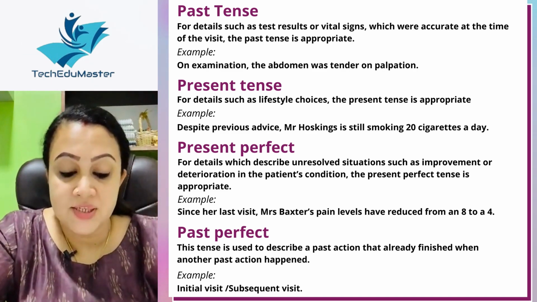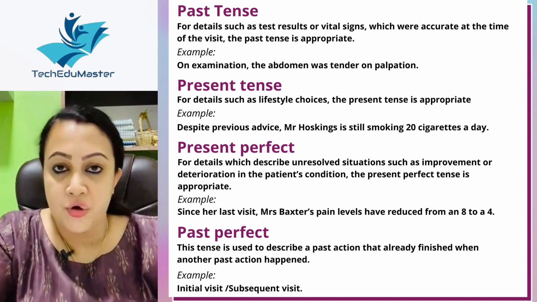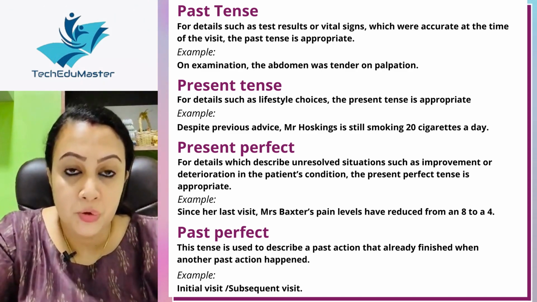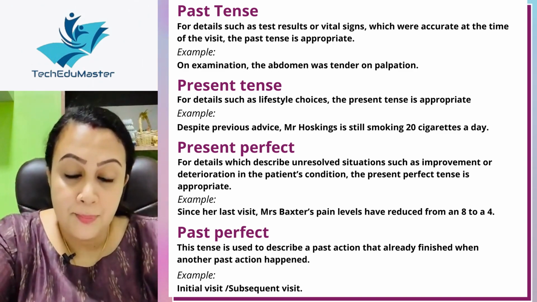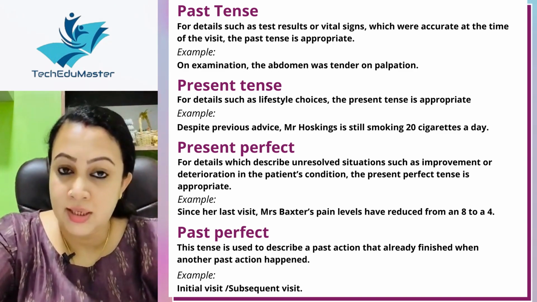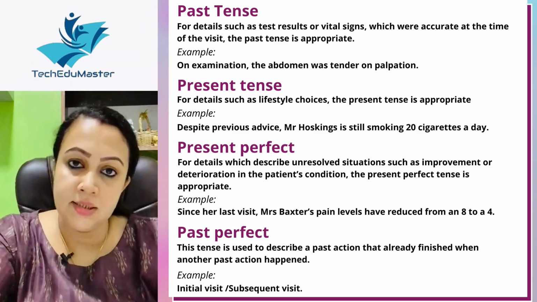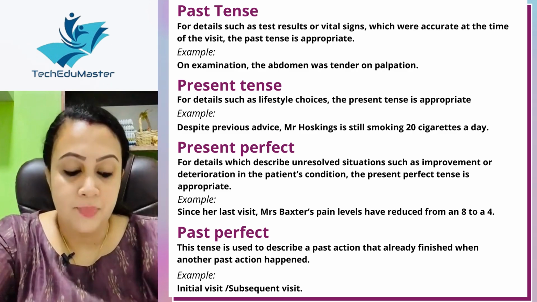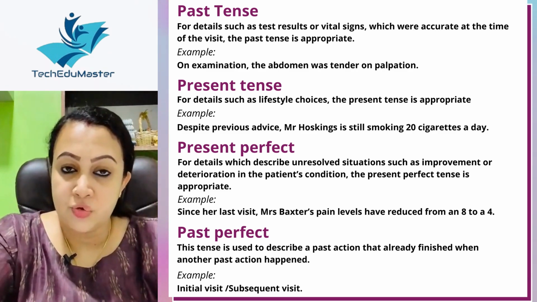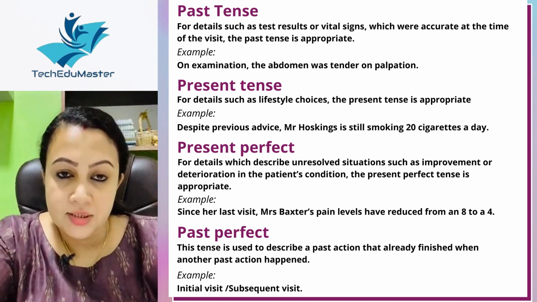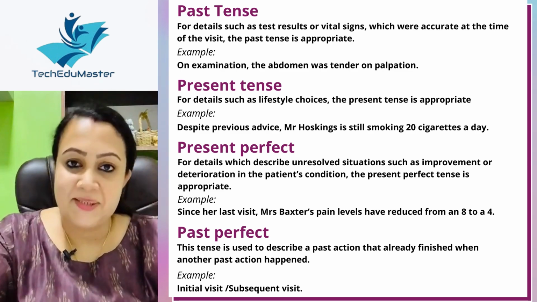Like, initially Mr. X presented with a complaint of painful swelling in the knee joint. So when you want to write about a particular event that happened earlier, which has been finished and completed, you can use simple past tense, during initial visits, subsequent visits, these types of things.